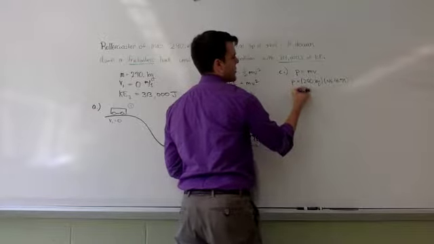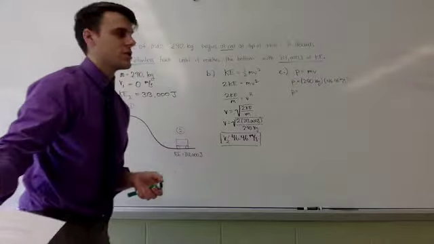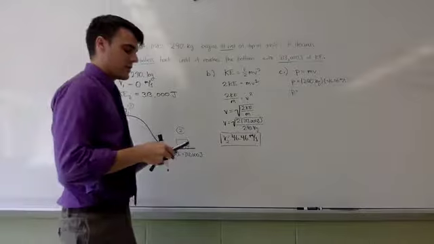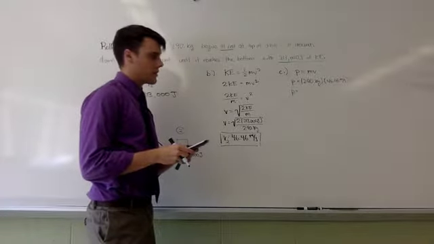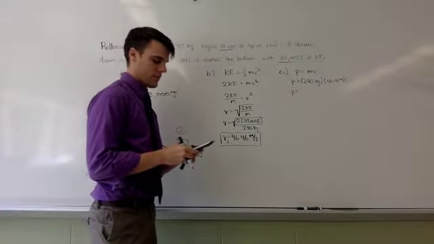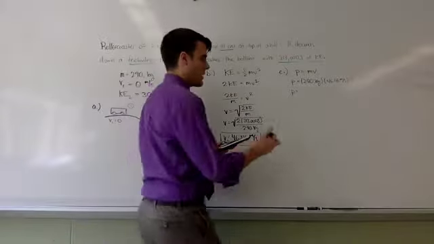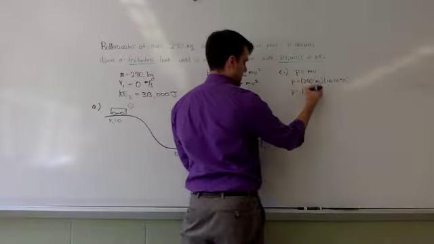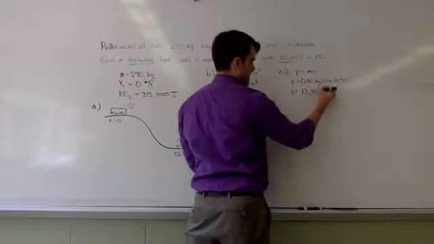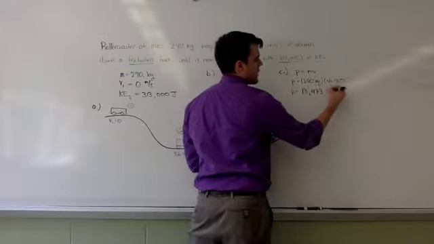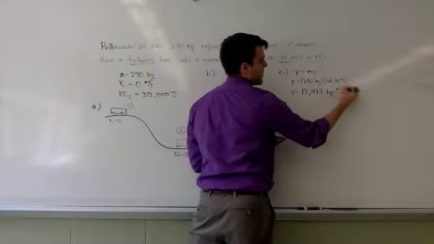Be careful with your formulas. And so now my equation is easy to put into a calculator. It's simply 290 times 46.46. So the momentum that I calculate is 13,473, and the units will be kilograms times meters per second.